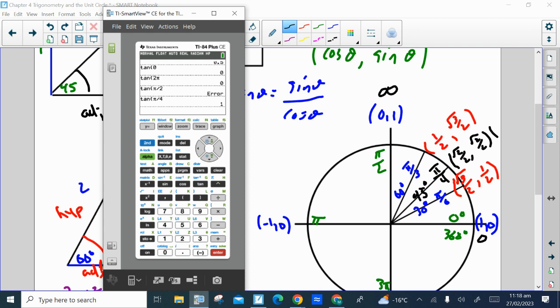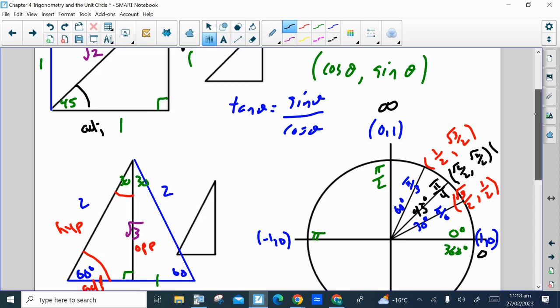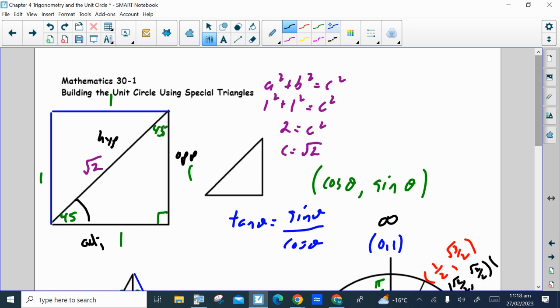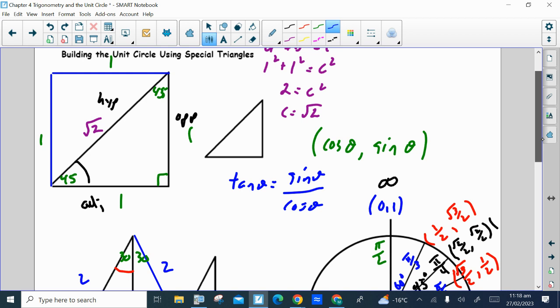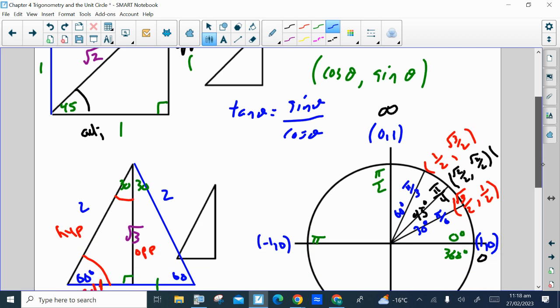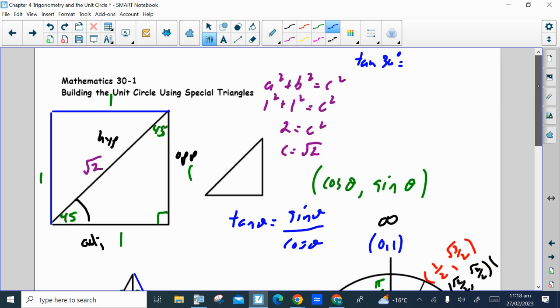All right, what about 30 degrees or pi on 6 radians? So you'd have to go 1/2 divided by root 3 over 2. Right? It's sine divided by cosine. So let's do this up here at the top. The tangent of 30 degrees or pi on 6 radians would be 1/2 divided by root 3 over 2. Sine divided by cos.